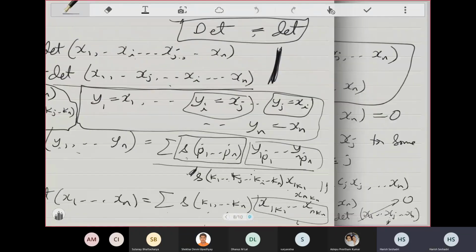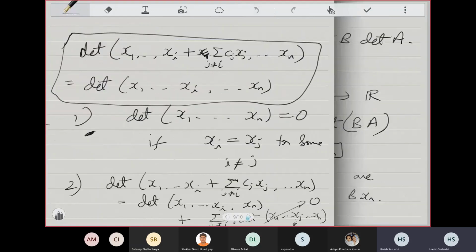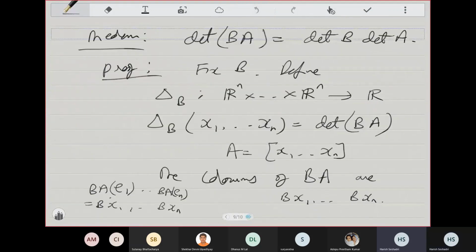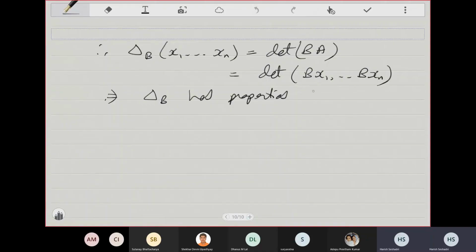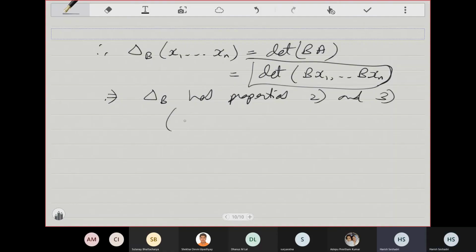So now for this new function, I leave it to you to check. This way of writing things as det of Bx1, etc., immediately makes it clear that this new function has properties 2 and 3: multilinearity and the alternating property.